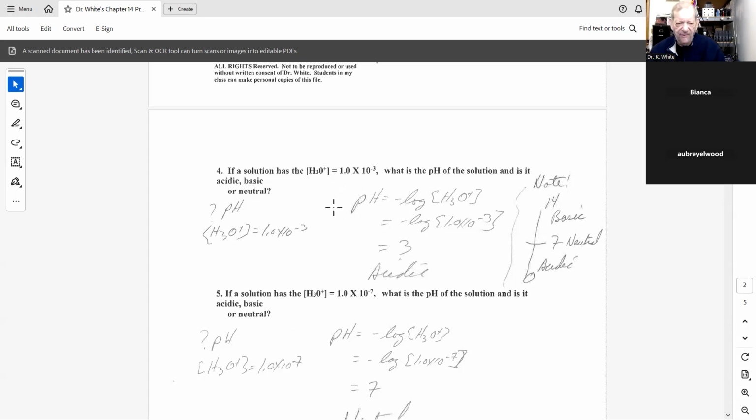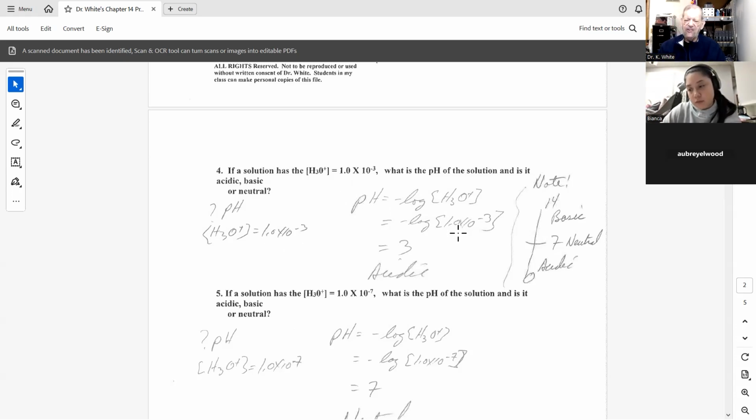And if we look here, we're trying to initially find pH. We're given the hydronium ion concentration. pH equals minus the log of the hydronium ion concentration. We put that in. When this is 1.0 times 10 to the minus x, the pH is x. In this case, x is 3.